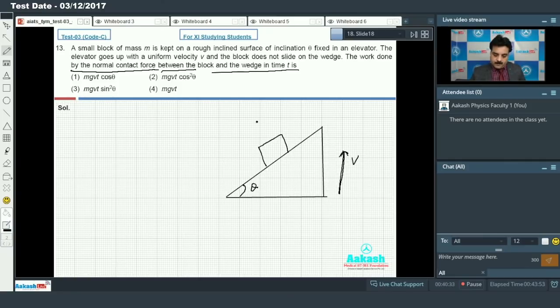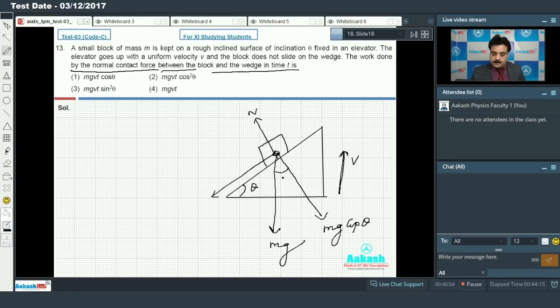So first I am going to make the free body diagram, or resolve the forces. We know mg will act toward the center of earth, and if I resolve the component of the weight, then we'll get a component of weight mg cos theta, because theta is there. And if I take the normal force along the direction of this weight, this angle will be theta, and this is the component of normal force N cos theta, and this is the velocity as per the question.